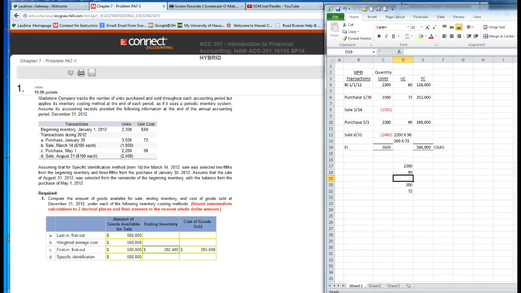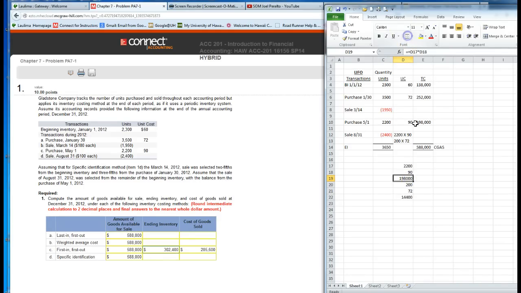And so if we did this calculation, taking the units, multiply by the cost, 198,000, and again for the second calculation, taking the units and multiplying by the cost, 14.4.